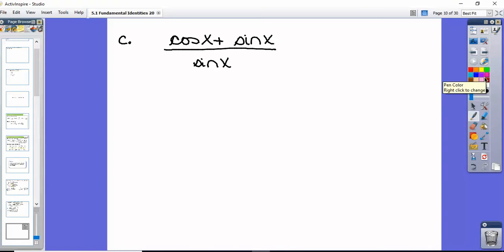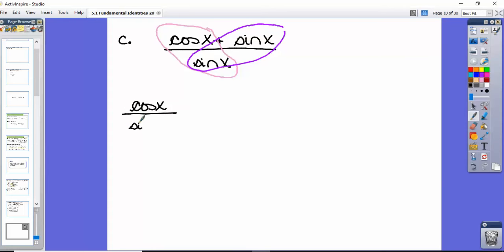So the only option we really have, because there's only one term on the denominator, if you think about your algebra, you can do each thing divided by that term. So I can change this into cosine x over sine x plus sine x over sine x.